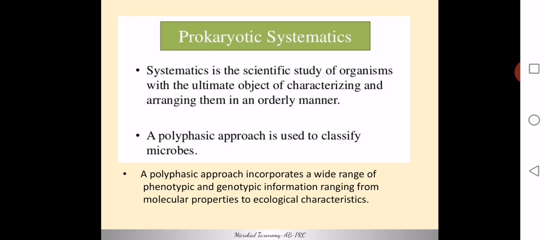The polyphasic approach means different approaches are incorporated, like phenotypic and genotypic characters used together for characterization. Also there will be molecular and ecological characters. So different forms of characters will be analyzed and the data collected, and accordingly the classification will be performed.